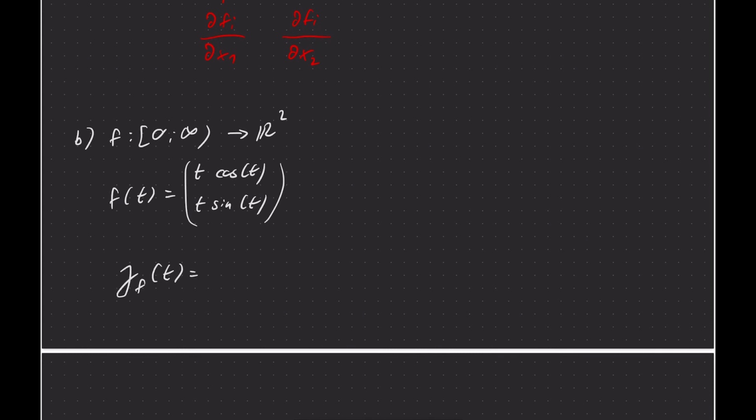at some point t? Well, this time we get two rows, but we'll only get one column. So what we do is we just differentiate each of the rows as a simple one-dimensional function. And that will give us, using the product rule, we need to differentiate t cosine t, that is cosine t, minus t sine t, because the derivative of the cosine is minus the sine of t.